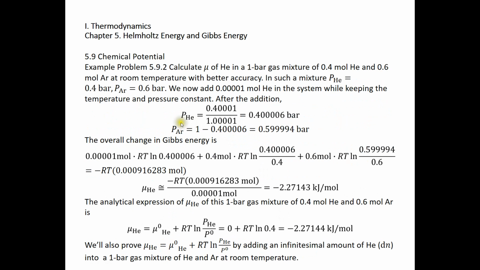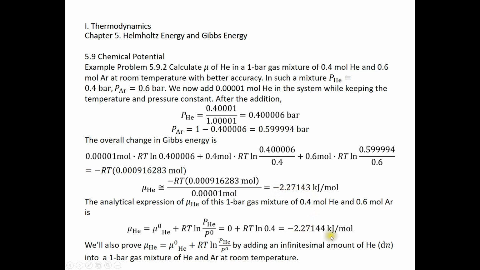So here's our second example problem. We will add only 0.00001 mole of helium in the system, 10 to the power of negative 5. And also, we follow the same steps. We calculate the new pressures of helium and argon. We add up the 3 components of the changes in Gibbs energy. We do delta G over delta N. We get this negative 2.27143.